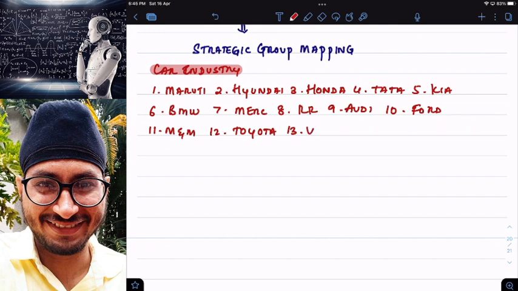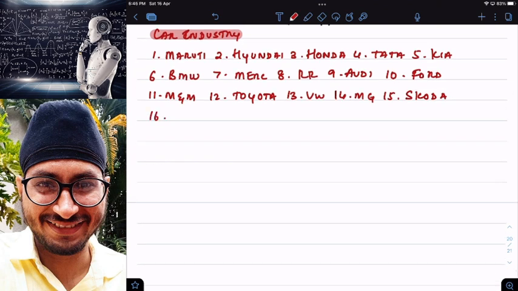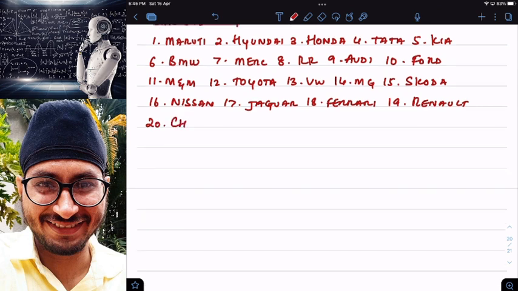Then we have Volkswagen, then MG Hector, then Skoda, then Nissan, Jaguar, Ferrari, then Renault, then Chevrolet, or Chevy.